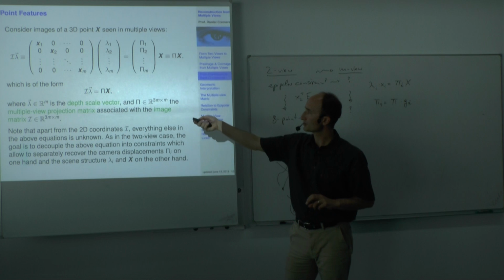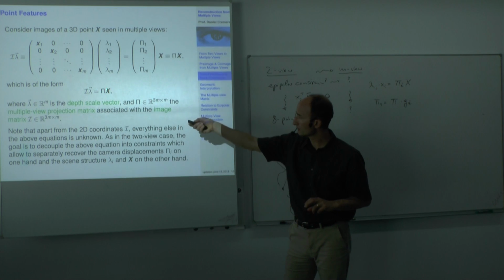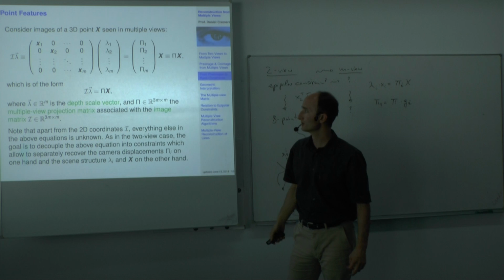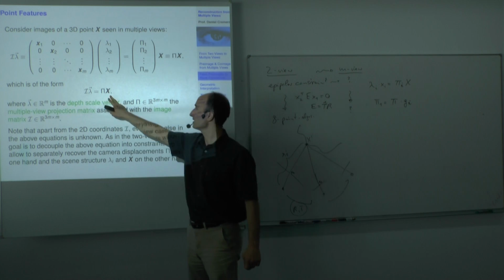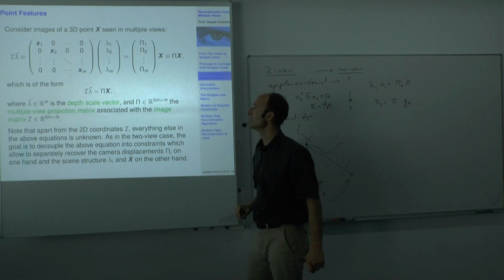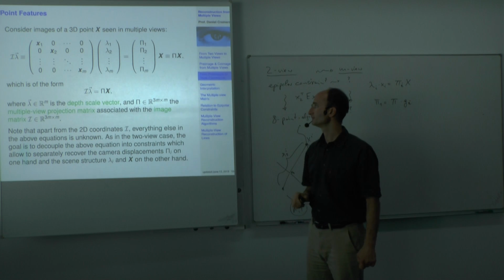And X is the 4D vector representing the 3D point that we look at. So we're just looking at a single 3D point in multiple images, and this is the projection equation.